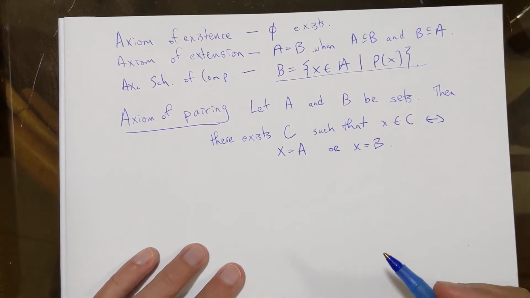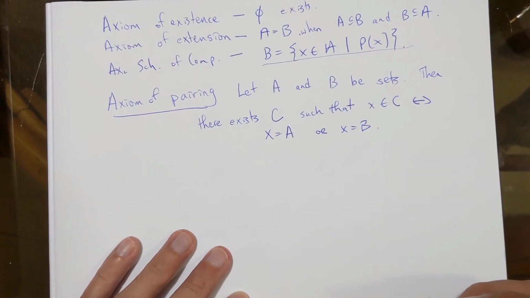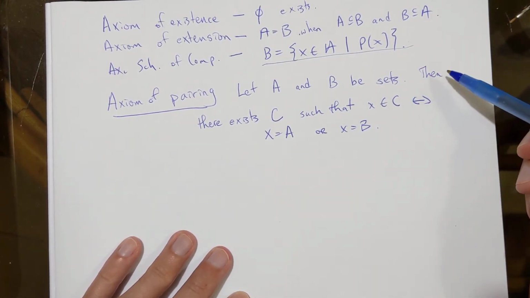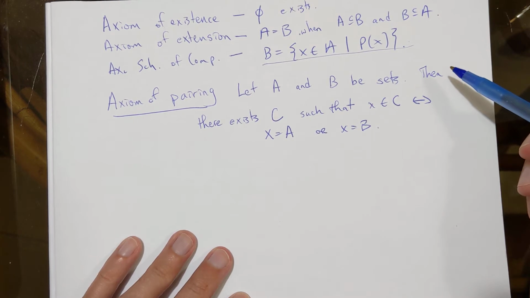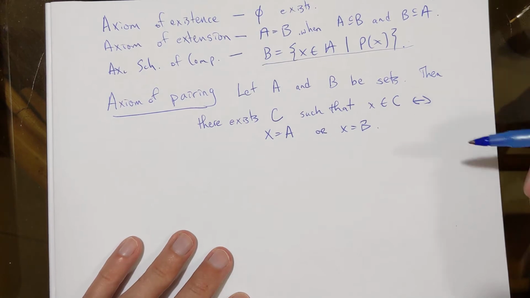Hi again, guys. In the last video we saw just the statement of the axiom of pairing, and in this video we're going to introduce the set that you get from the axiom of pairing.